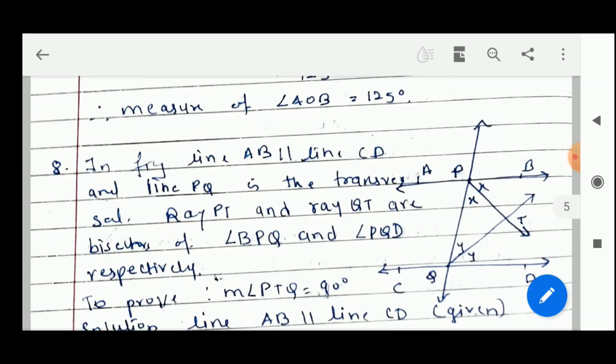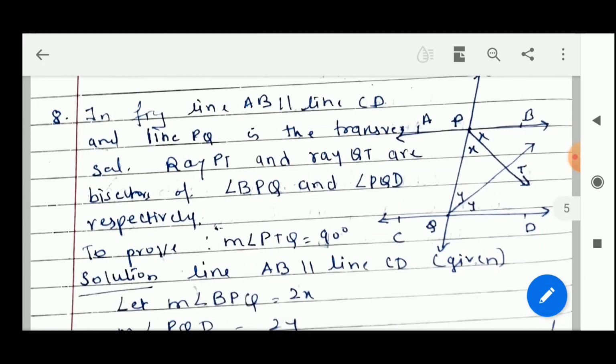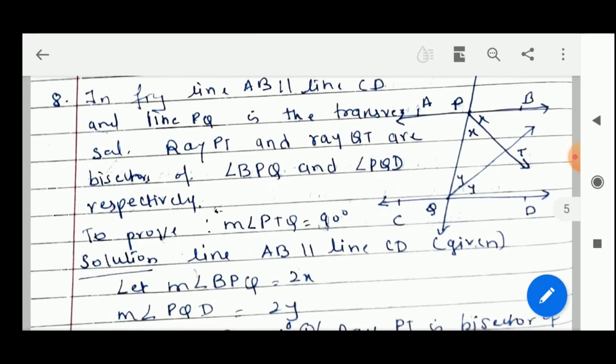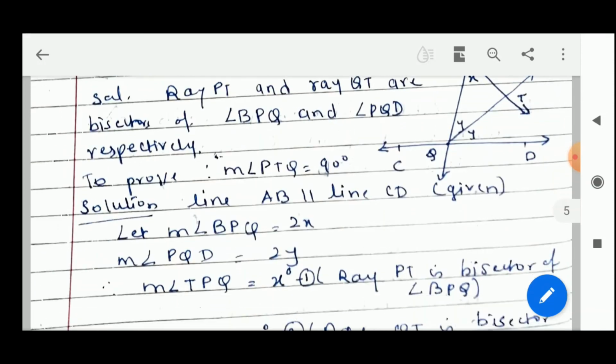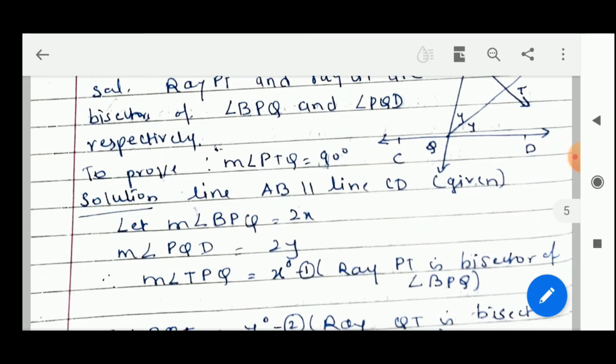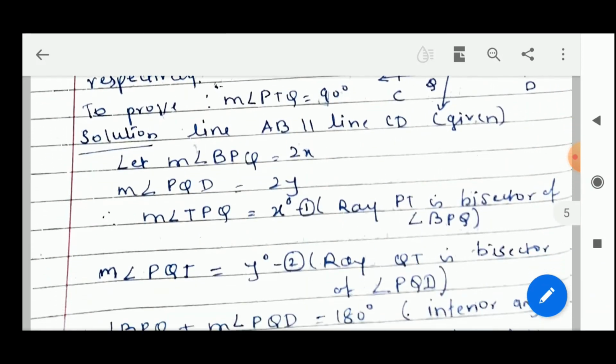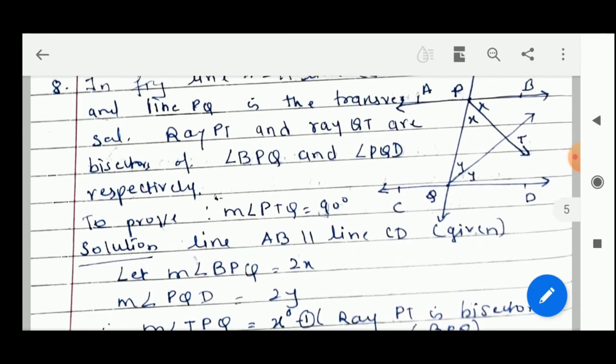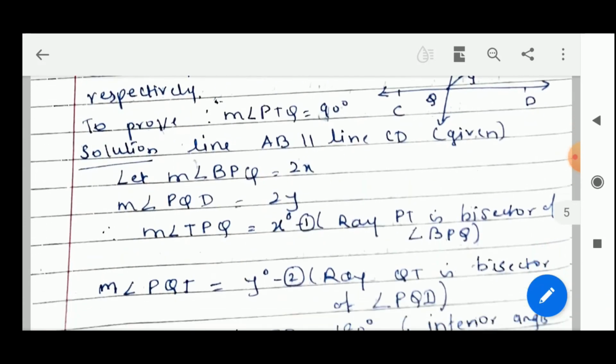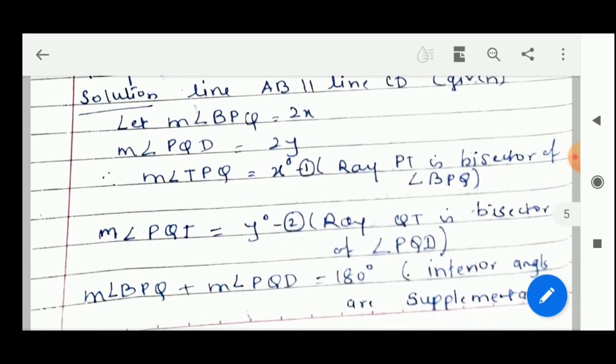Now to prove that measure of angle PTQ is equal to 90 degree. Now line AB is parallel to line CD. Let measure of angle BPQ be equal to 2x and measure of angle PQD be equal to 2y. Now angle TPQ is equal to x degree, ray PT is the bisector of angle BPQ, and angle PQT is equal to y, ray QT is the bisector of angle PQD.